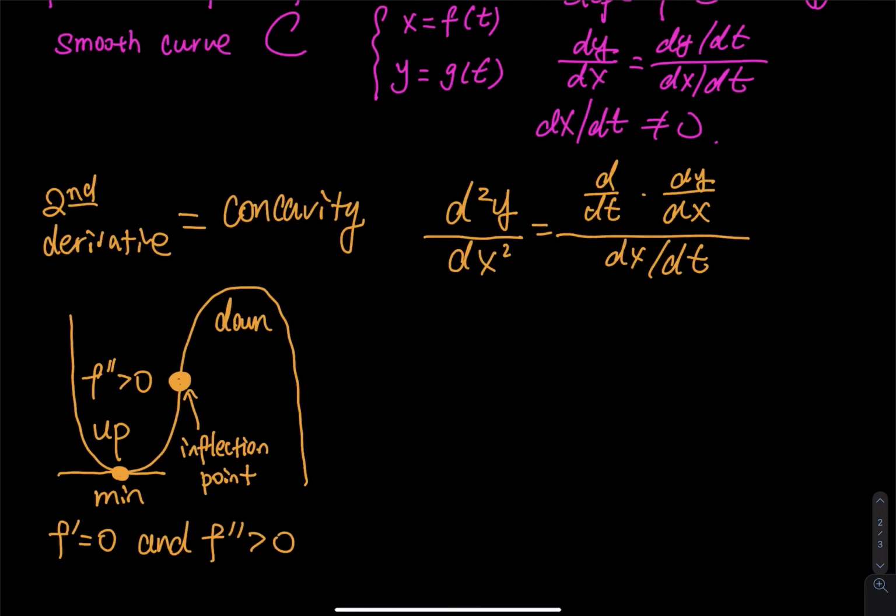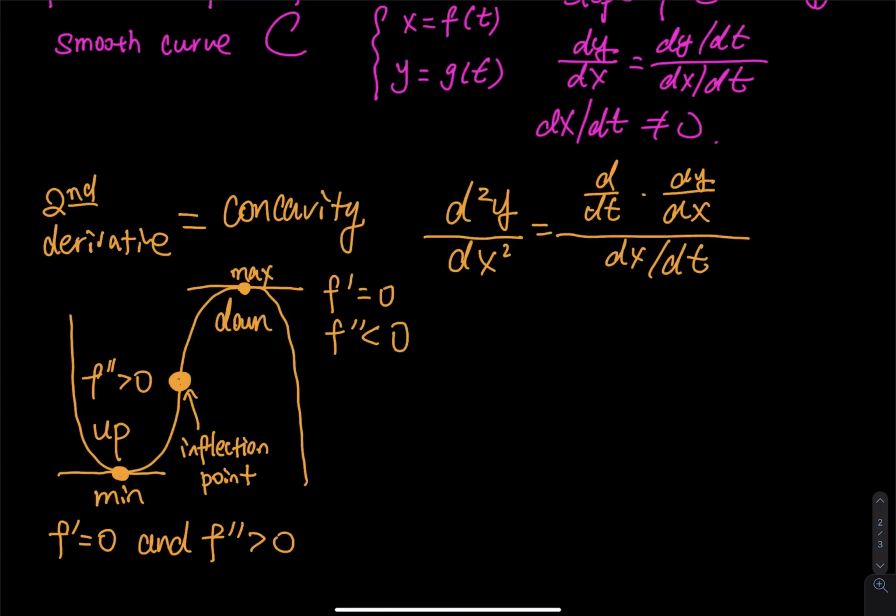So at a horizontal tangent, we have a min or a max, but if the function is concave up, like a parabola facing up, then at that horizontal tangent, we have a minimum. What about this point? This point is a maximum, right? At that point, the first derivative must be equal to 0, and the second derivative must be less than 0. So concave down, and then at a horizontal tangent, that point must be a maximum.